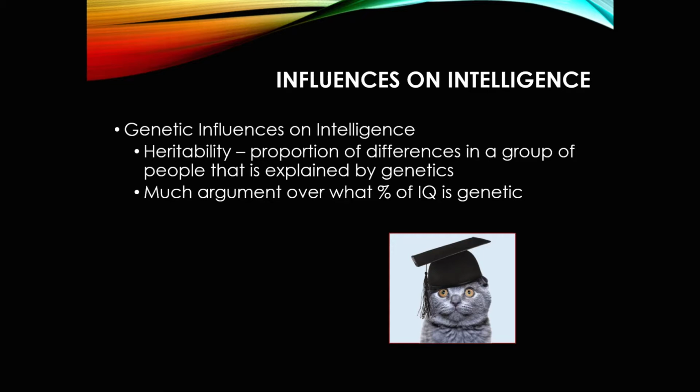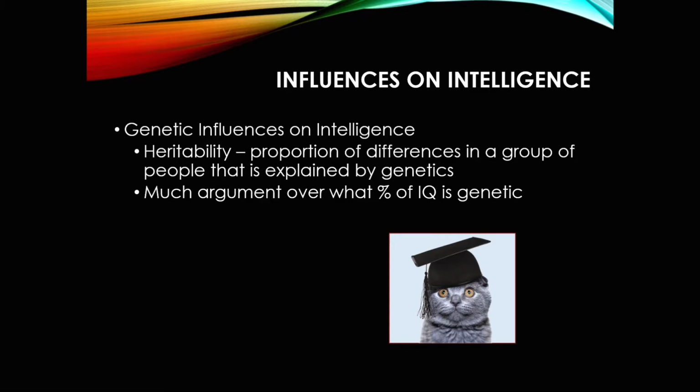There's been lots of research and there's still a lot of argument over what percentage exactly of IQ is genetic. IQ does have a genetic component. They've shown this by looking at studies comparing intelligence or IQ between parents and adopted children, so non-biological, siblings, and identical twins.